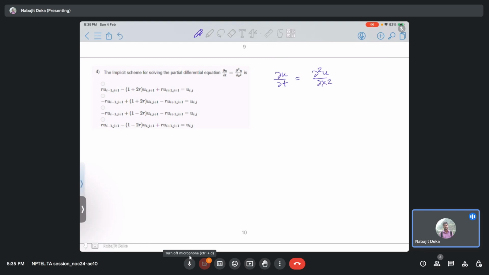But for the implicit scheme, what we do is we take the time derivative by backward difference and the space derivative as central difference. So if we represent i, j, this is the space derivative and this is the time derivative.